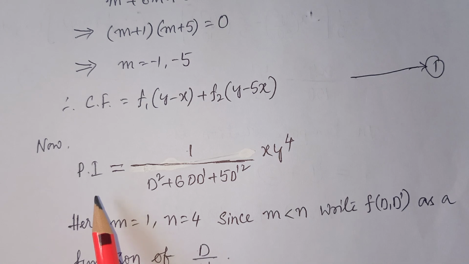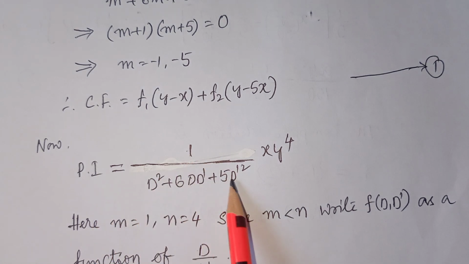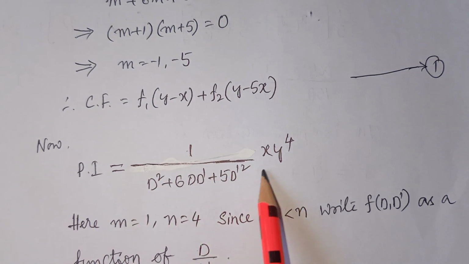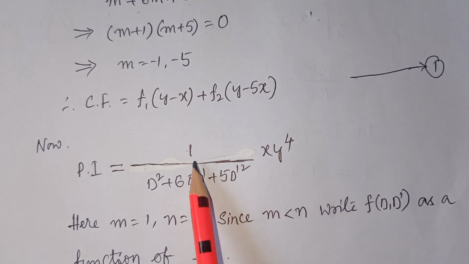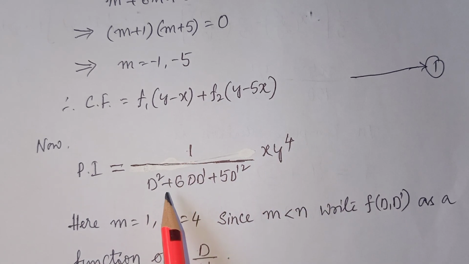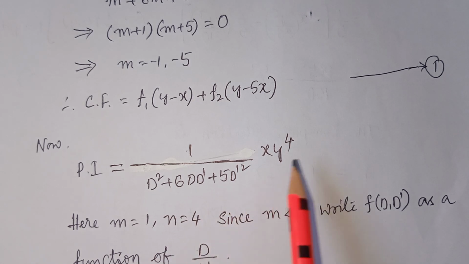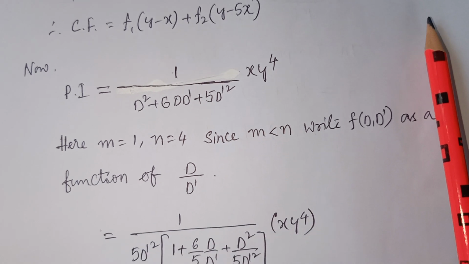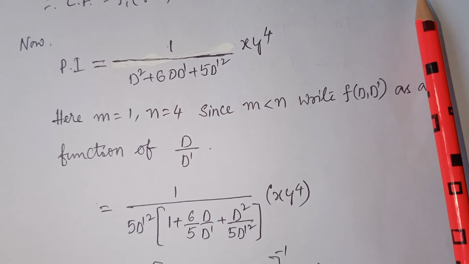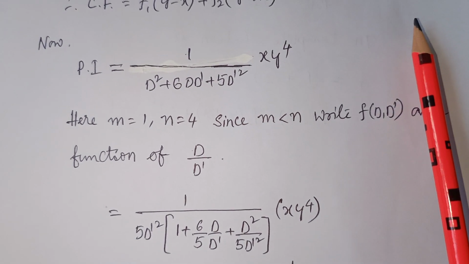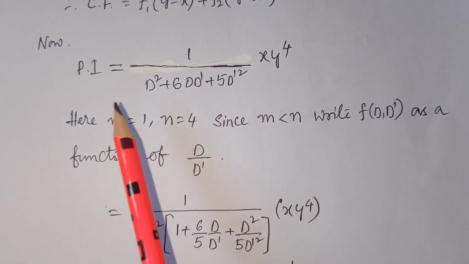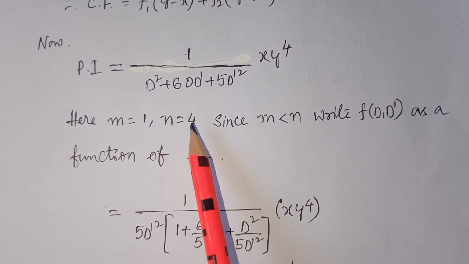Now the particular integral formula is 1/f(D, D') times the function. What is f(D, D')? D² + 6DD' + 5D'². Now we can see here, in this problem, what is m and n?